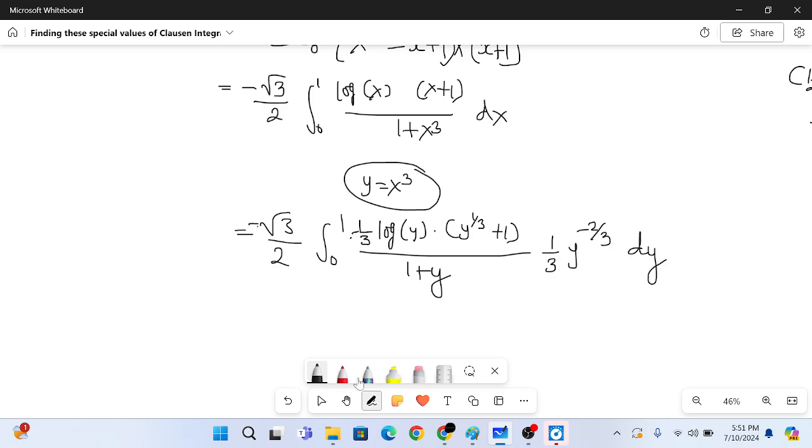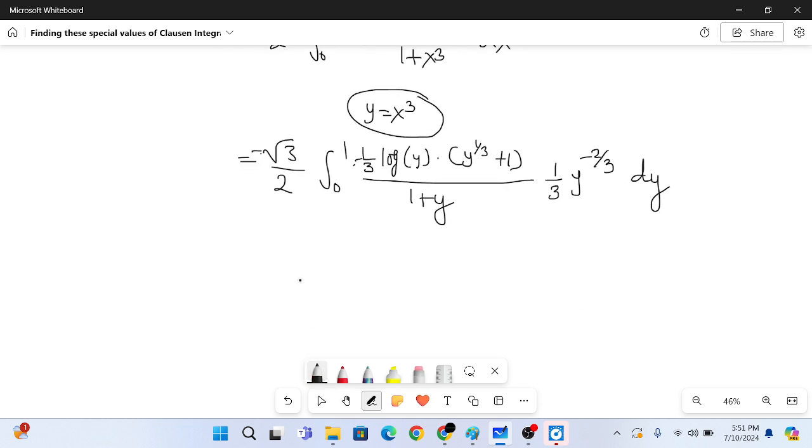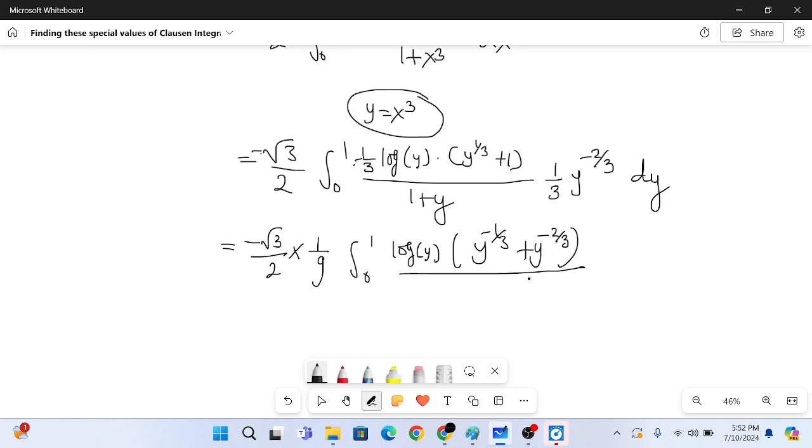Now 1 by 3 and 1 by 3 is 1 by 9, and that comes out, so we have minus root 3 by 2 times 1 by 9 integral from 0 to 1 log of y, and this will be y to the power minus 1 by 3 plus y to the power minus 2 by 3 by 1 plus y dy.